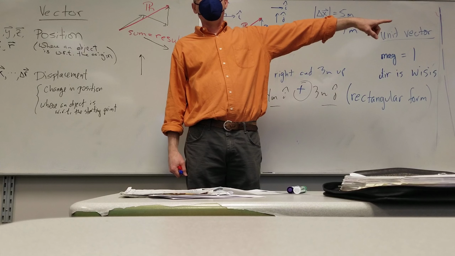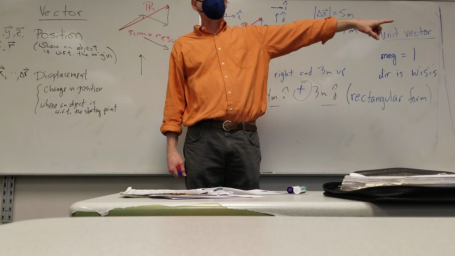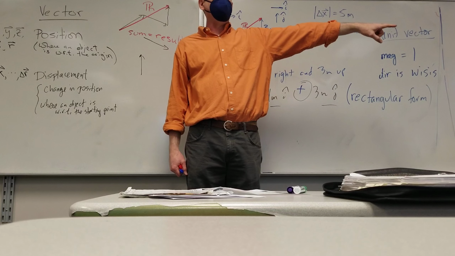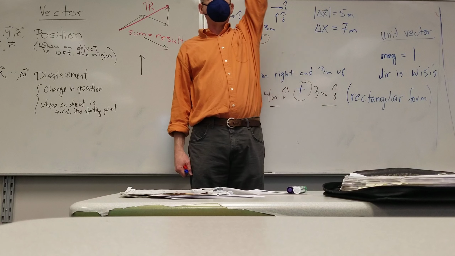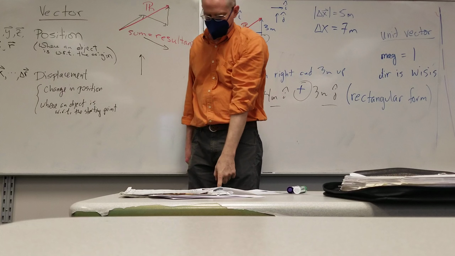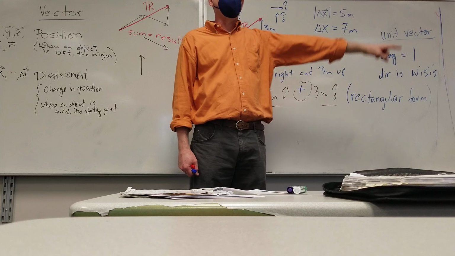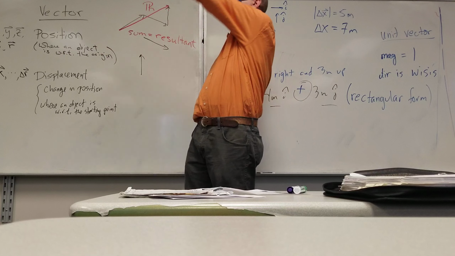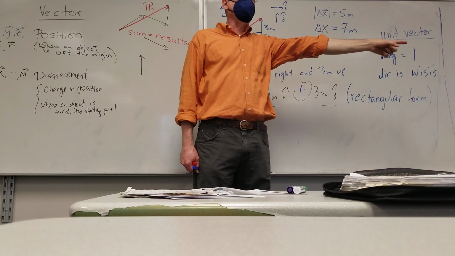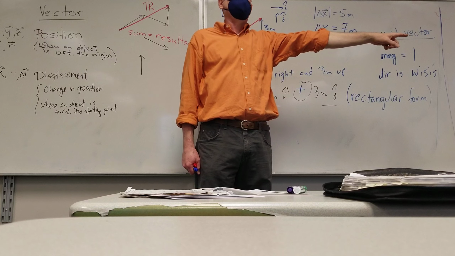Unless you state otherwise, it is assumed we are sticking with the math convention, 0 degrees is that way from your point of view. 90 degrees, 180 degrees, 270, 0, or 360 or 0. Going the other way, negative 90, negative 180, negative 270, negative 360, or 0.